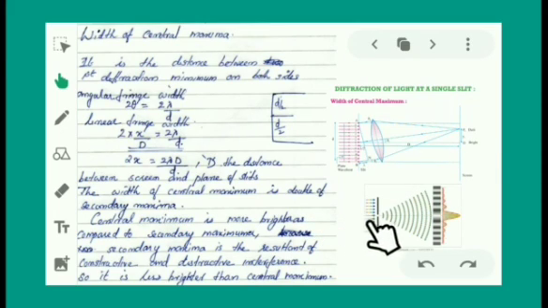Here we can see that the central maxima is brighter than the secondary maxima. When we discussed secondary maxima, we saw that a few wavelets interfere constructively and a few interfere destructively. So the net effect is the sum of the constructive and destructive interference. Because of that, the secondary maxima is less bright than the central maxima.